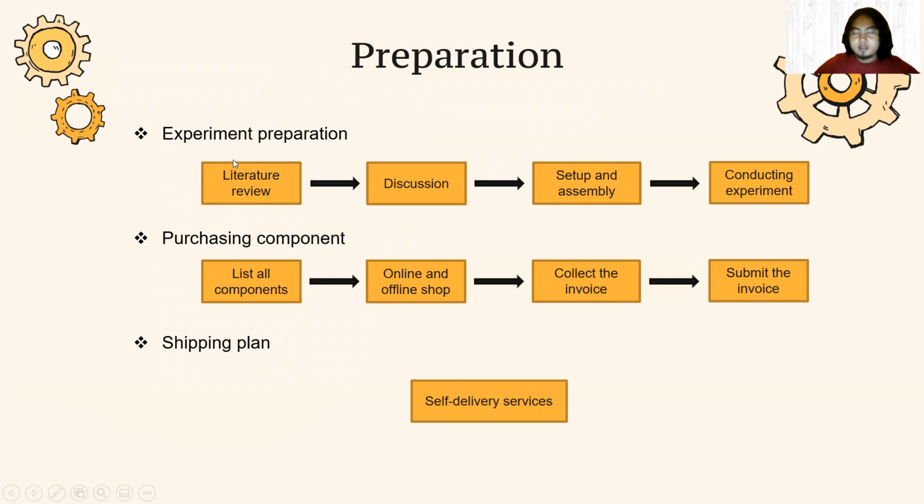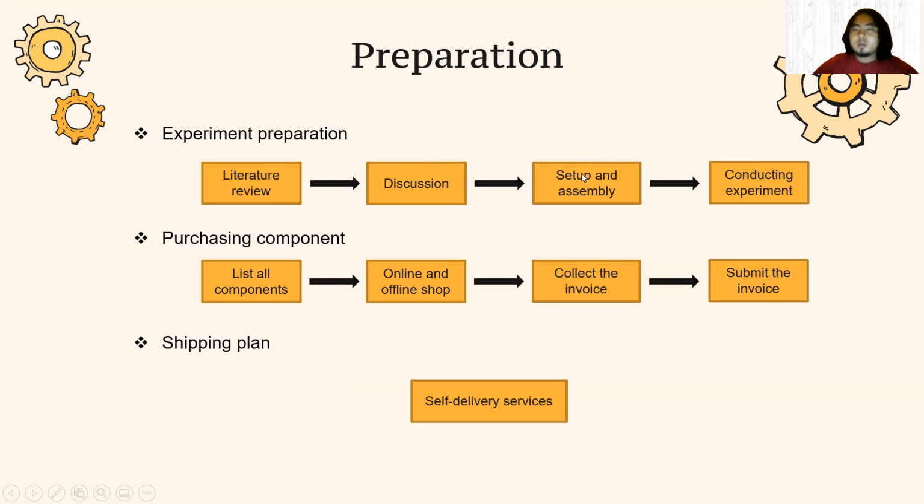After finding some data, we will do a group discussion, and after that, we will consult with the supervisor. If the supervisor says no, we go back to the previous step, which is the literature review. If the supervisor says yes, we directly proceed to the next step, which is setup and assembly. And after the setup and assembly, we will directly do the experiment.